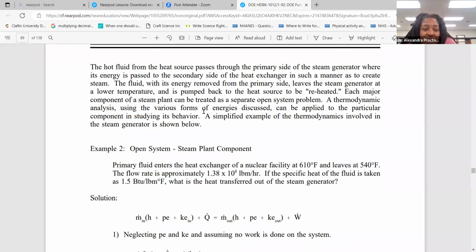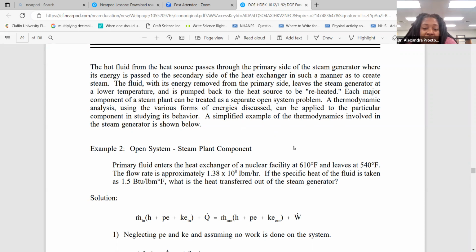Each major component of the steam plant can be treated as a separate open system. Thermodynamic analysis of these various components will be discussed, and it can be applied to a specific component in order to study its behavior.